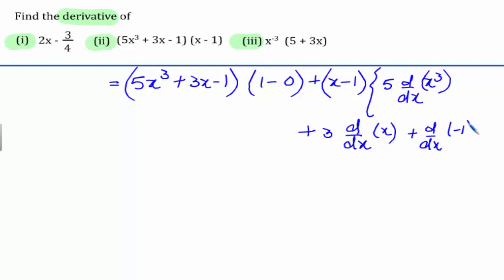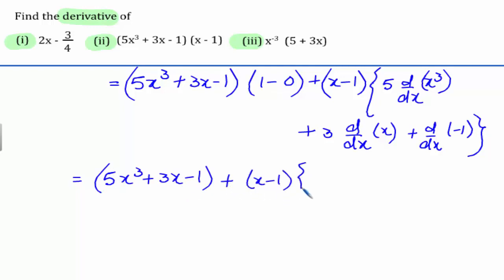Now this is further equal to 5x cube plus 3x minus 1 plus x minus 1 into 5 times derivative of x cube with respect to x is 3 times x raised to the power 3 minus 1, since we know that derivative of x raised to the power n with respect to x is n times x raised to the power n minus 1, and here n is 3, plus 3 times derivative of x with respect to x is 1, and derivative of minus 1 with respect to x is 0.